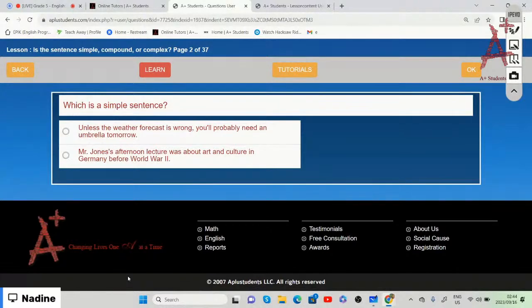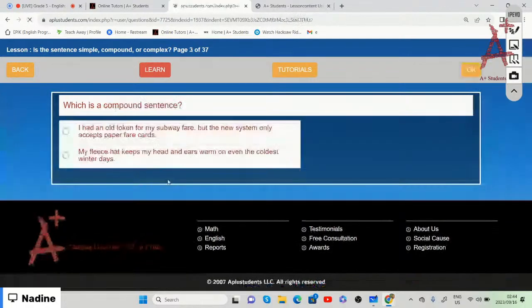So we need to select a simple sentence. All right, let's choose the second one, because Mr. Jones is a subject and lecture is something that he's doing. He is lecturing.